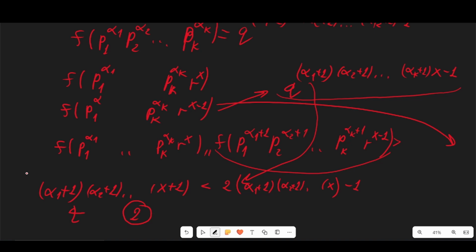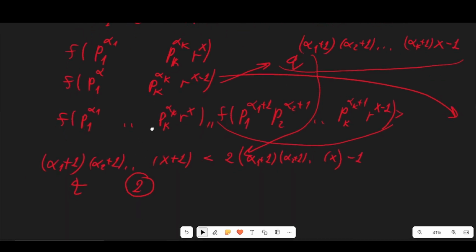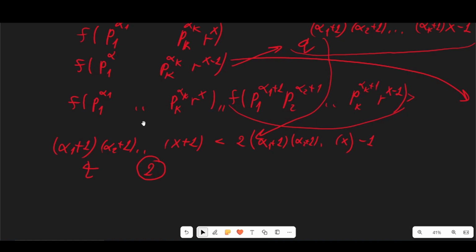So we will prove that for every number f of p1 to the alpha 1, up to pk to the alpha k times r to the x, this has only one prime divisor, and this divisor is q, which was the same as before, and we have to take q to the alpha 1 plus 1, alpha 2 plus 1, and so on, x plus 1 minus 1.